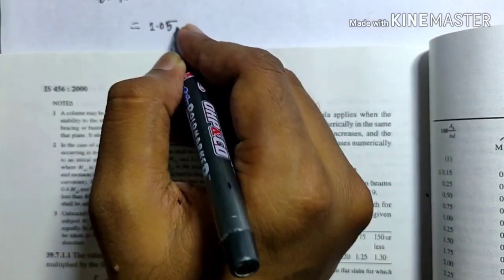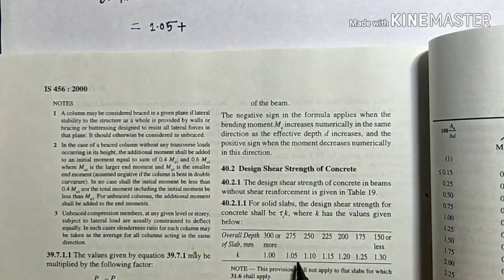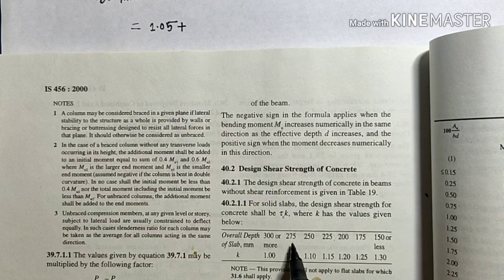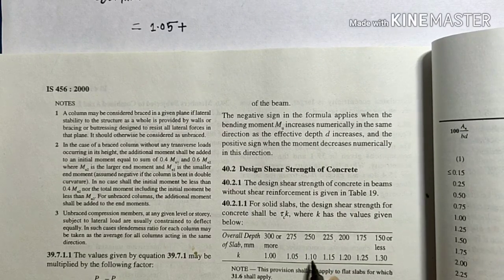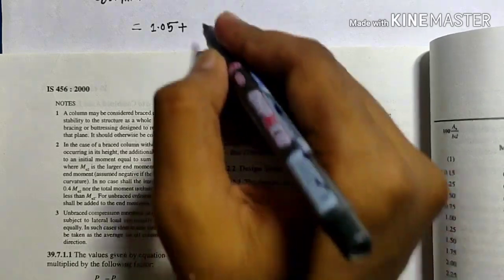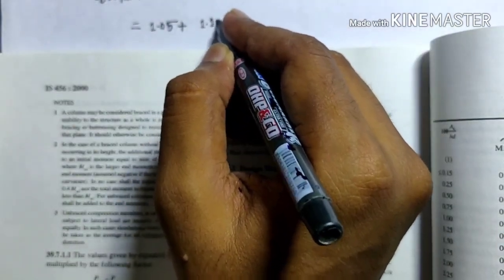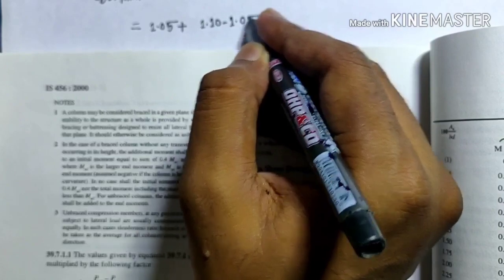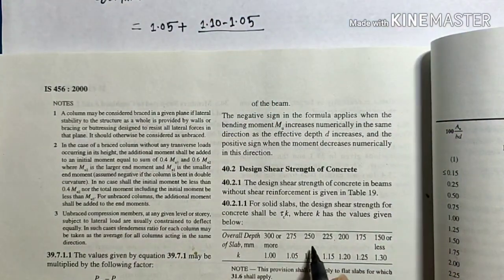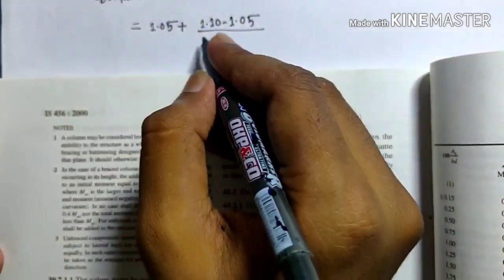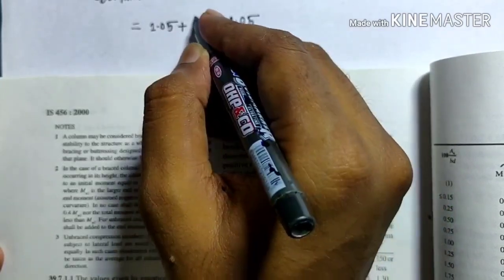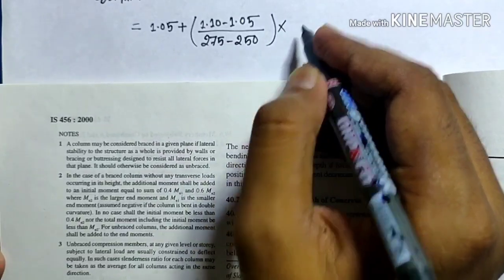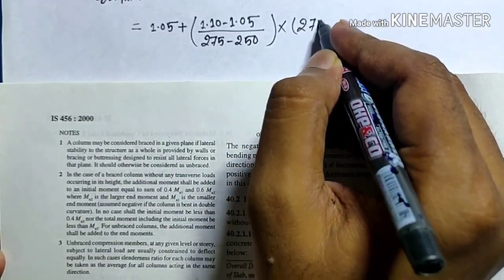It is increasing, so plus sign, and now subtract 275 minus 250. 1.10 minus 1.05, divide by 250 minus 275, 275 minus 250, and finally the depth, that is 270, for which we are finding the value.